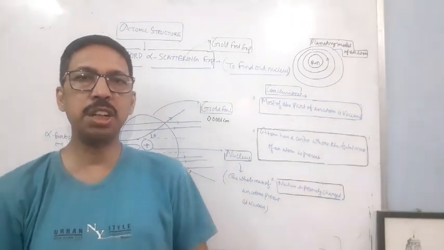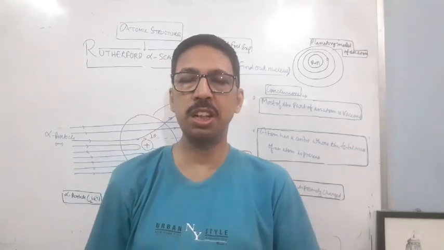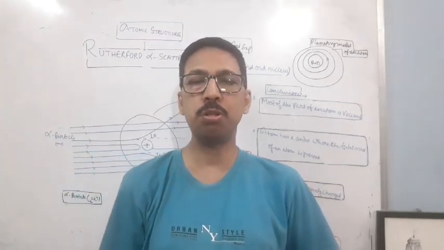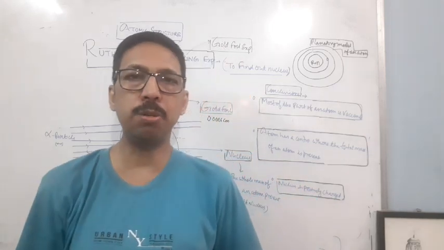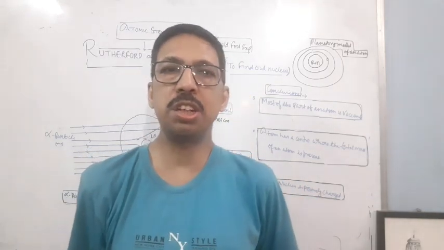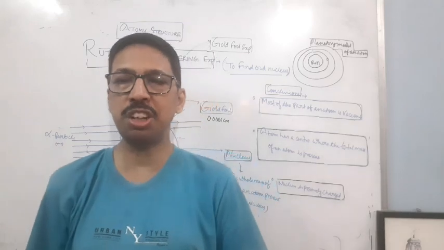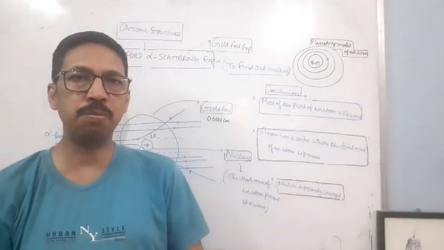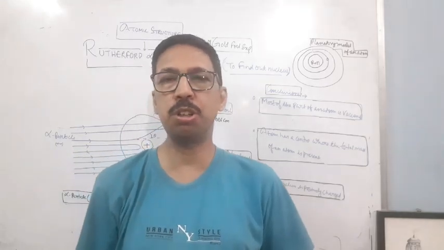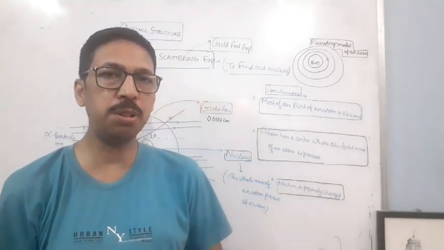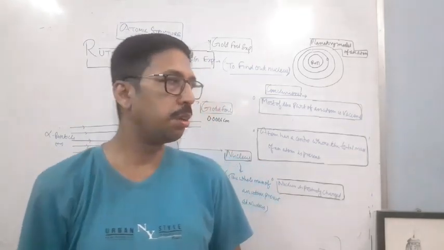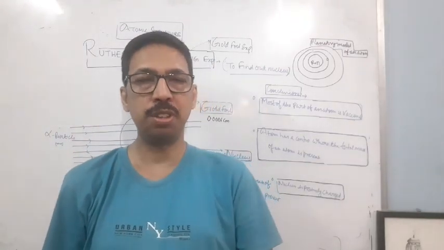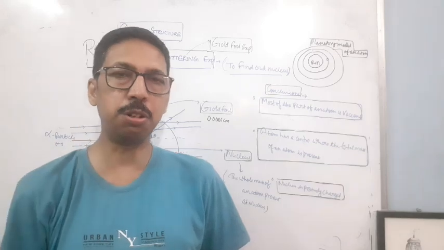And the second demerit, which is very important: electromagnetic theory suggests that whenever a micro-sized charged particle revolves in a circular path, it has a tendency to lose energy. The same thing happens with the electron, and a time comes when the electron becomes very close to the nucleus. At that time, the electron should fall into the nucleus, but actually it does not happen. Then how the electrons are revolving was not explained by Rutherford.